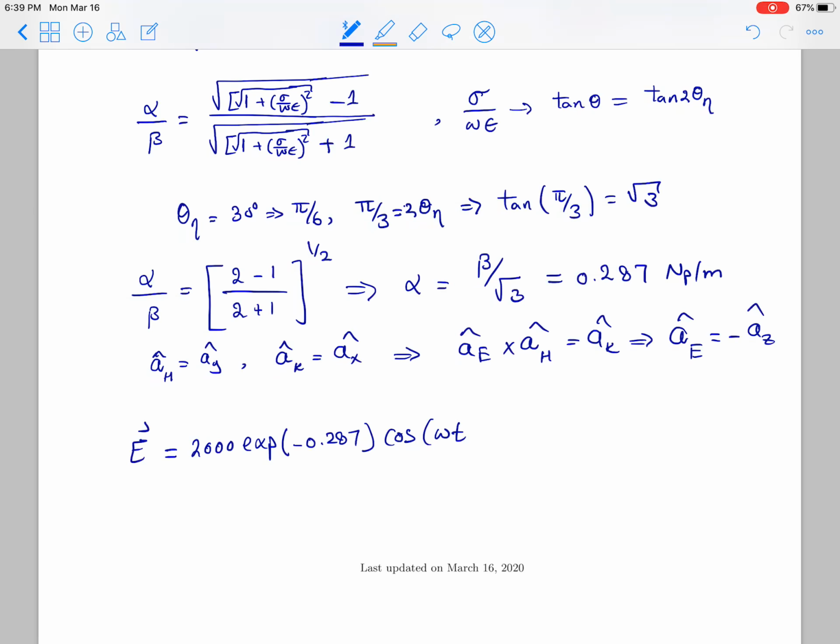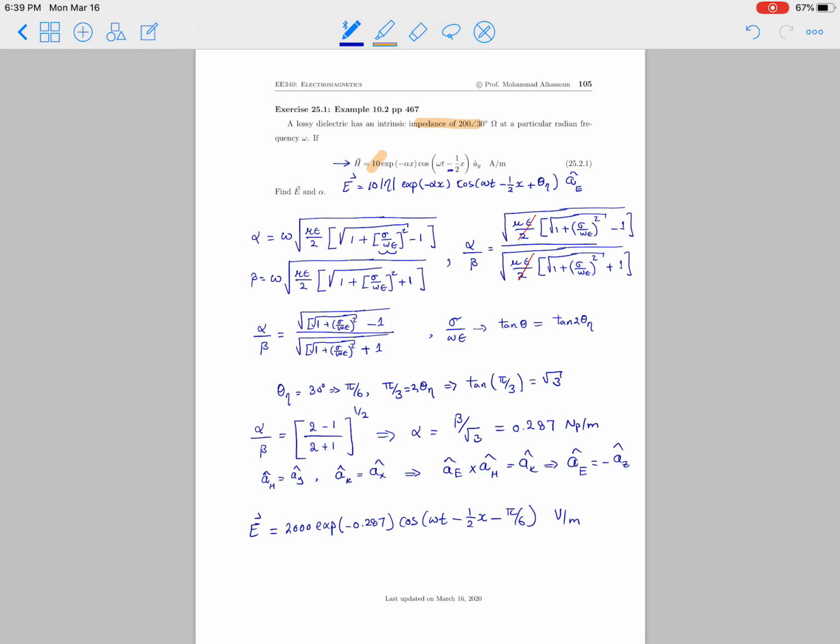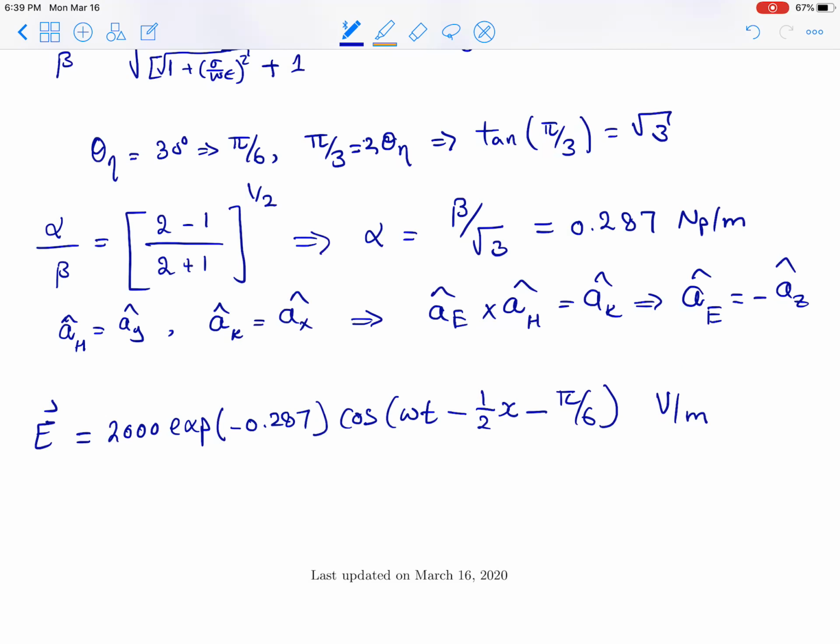We're not given the frequency, so we can keep the expression as it is, minus 1/2 x minus pi over 6, and the unit is volt per meter. And the direction is along the negative z direction.